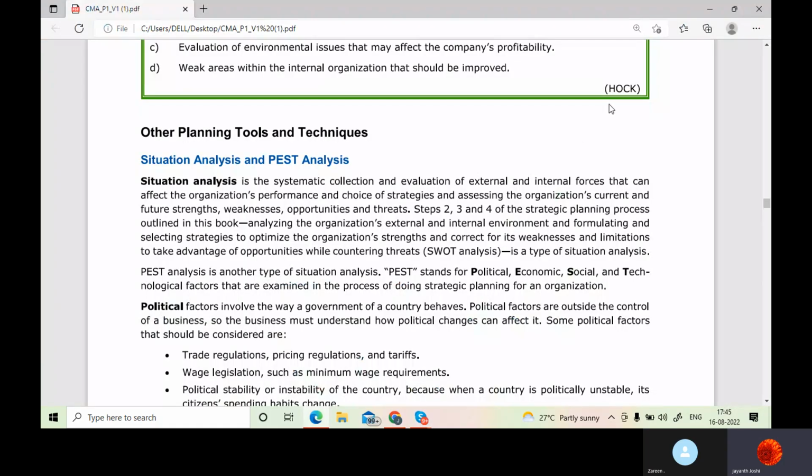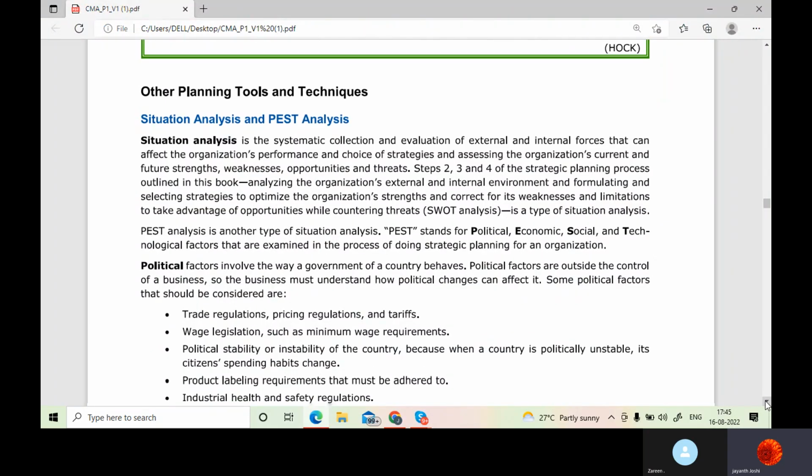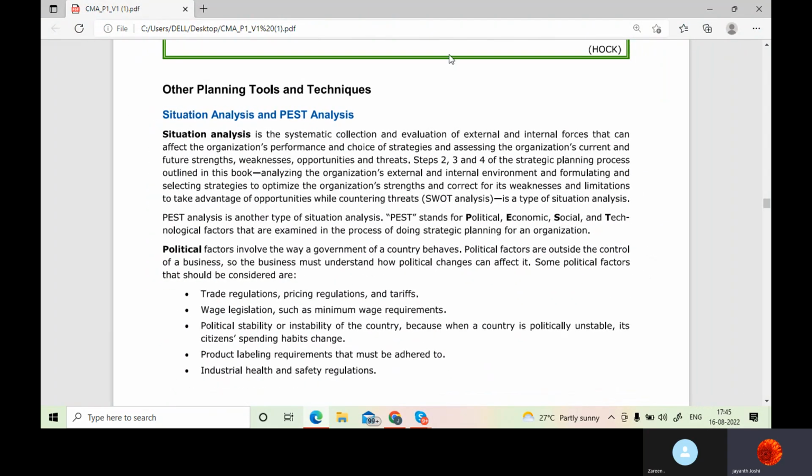So other planning tools and techniques, we are speaking about this. Situation analysis and PEST analysis.